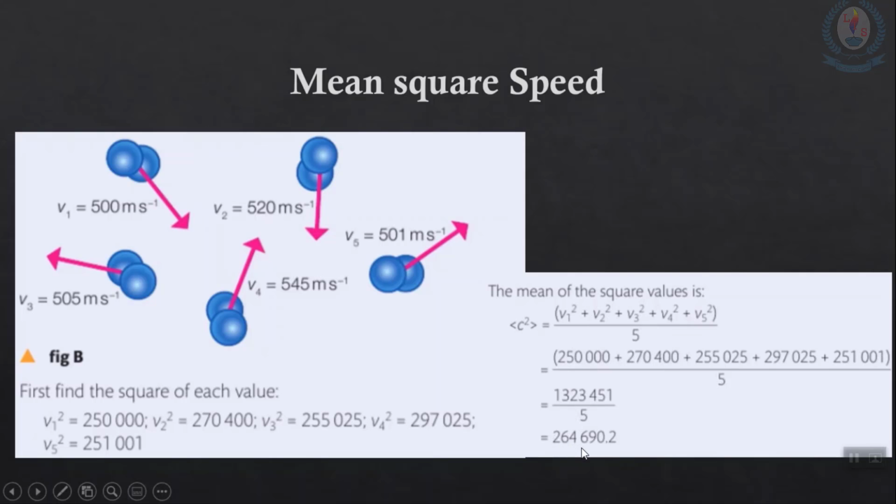So you would get what? Mean, because you divide it by the number of particles, square, because you squared all the speeds. So it's not very hard. We just calculated the mean square speed. Now you know the idea behind mean square speed also.